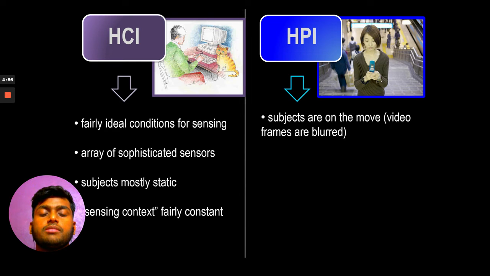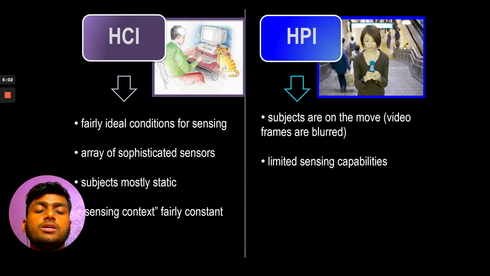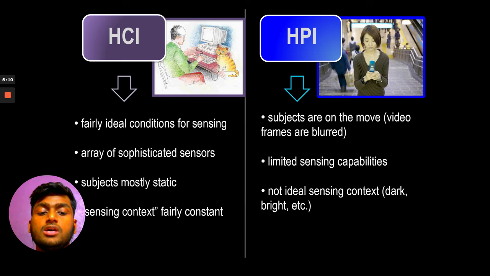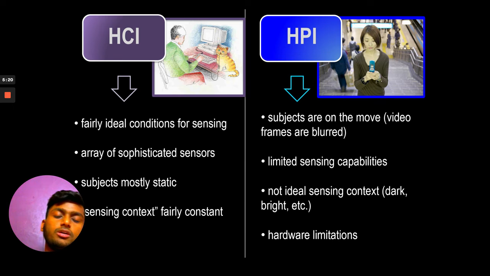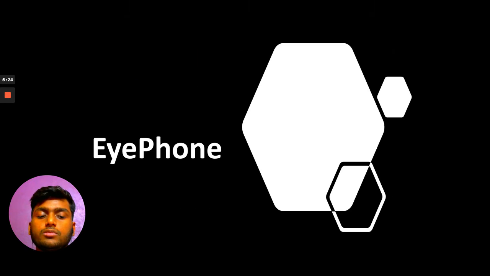Video frames, for example, you all know, are very blurred. There are limited sensing capabilities. Obviously, in a mobile phone, you can't expect very high-end computation technologies, and hence limited sensing capabilities and not ideal sensing context. For example, dark and bright, there can't be an ideal environment in HPI. There are always hardware limitations with the phone.